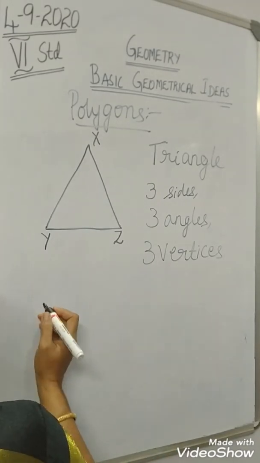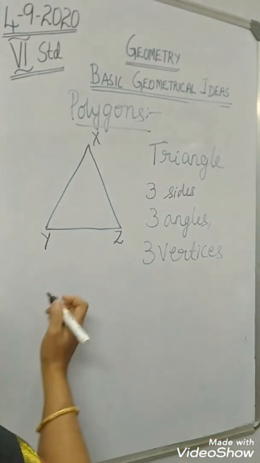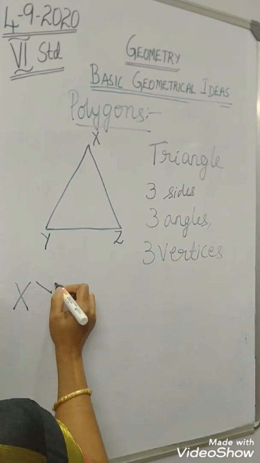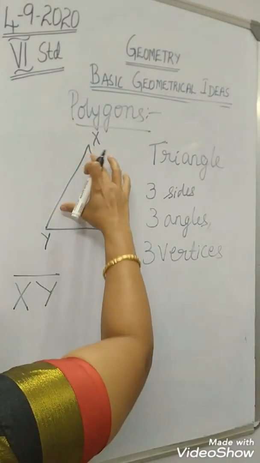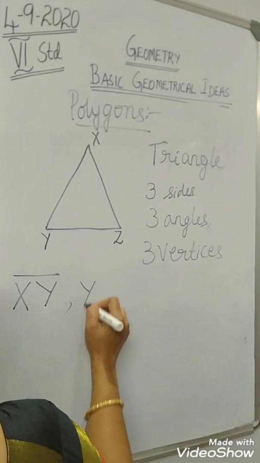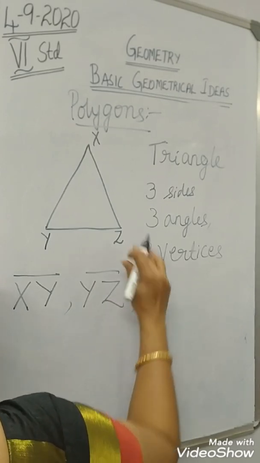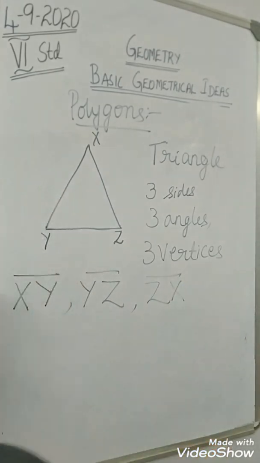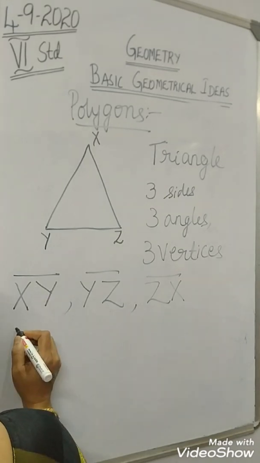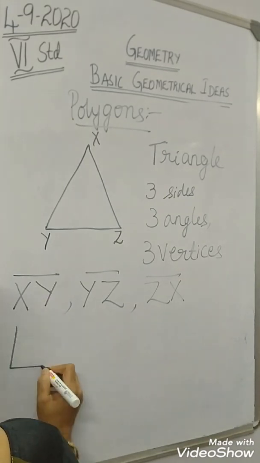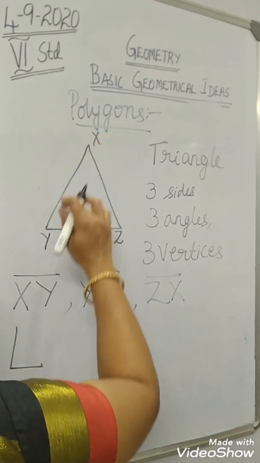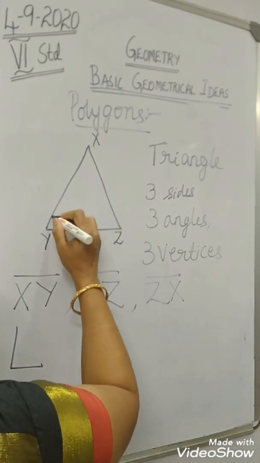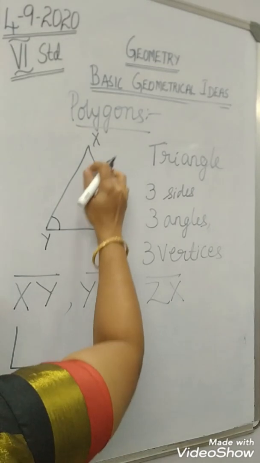Okay. Which are the sides, can you tell? Here XY is a side. Is it or not? XY. YZ is a side. Then ZX is also a side. These are all sides. Sides of a triangle. Which are the angles? Can you tell? Look here. Angle XYZ. Y is the vertex where the angle is formed.